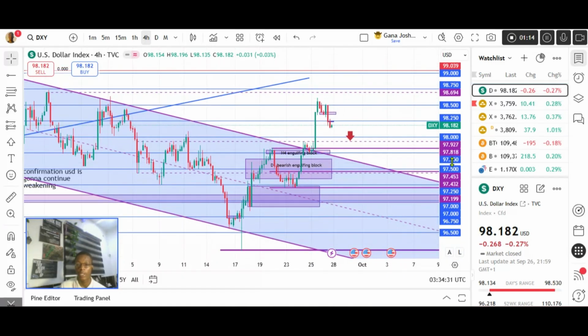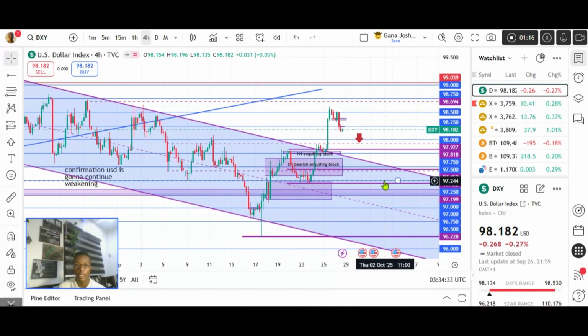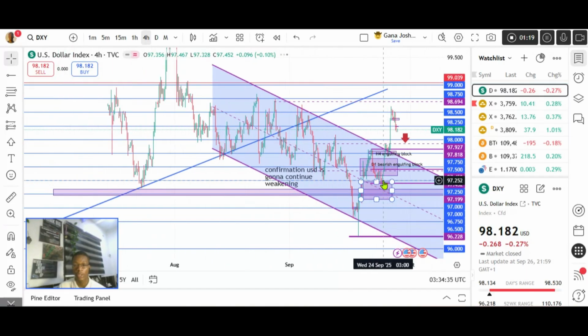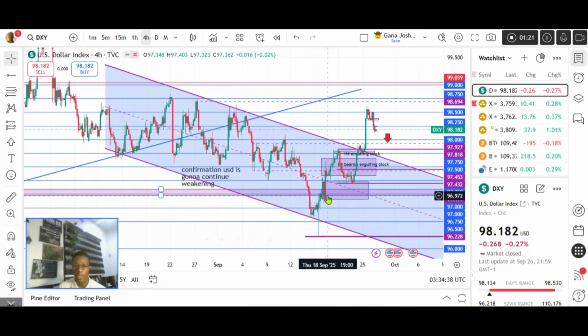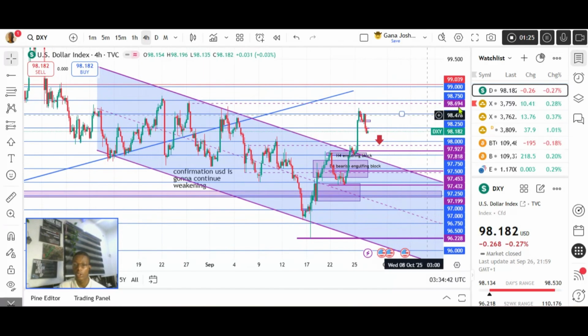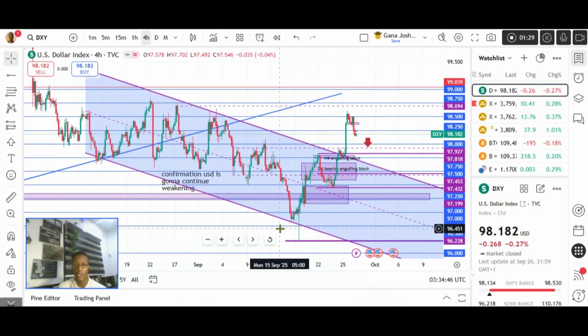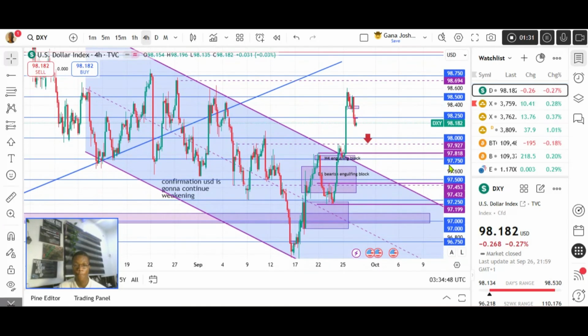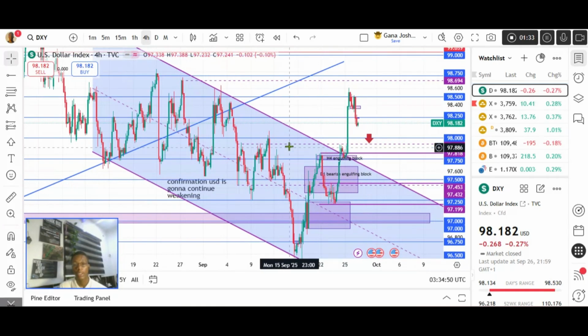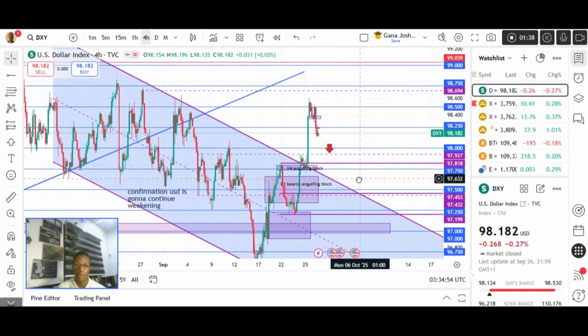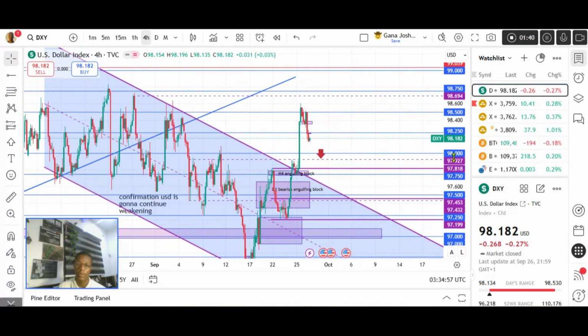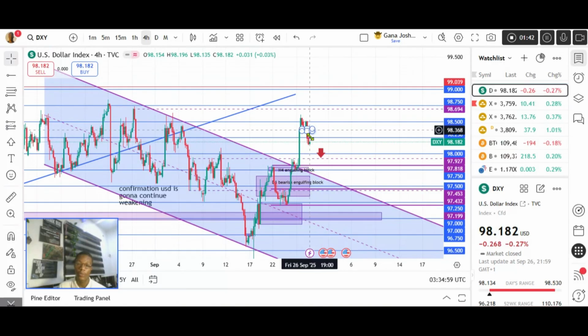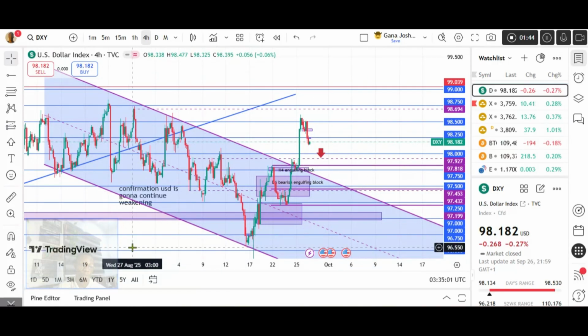USD has been gaining some. This previous week was an amazing thing for USD, because before now USD was very weak. Hence the reason why gold has just been very, very bullish over the past 2 weeks. But as you can see, it broke from this downtrend, and it's looking like it's forming another trend.